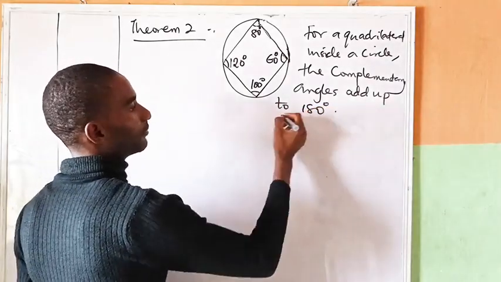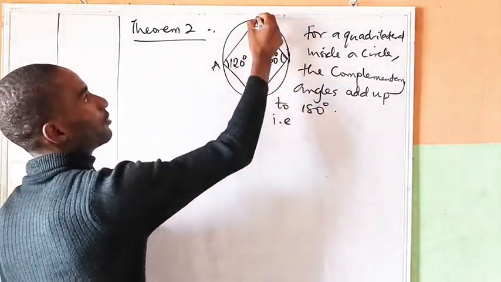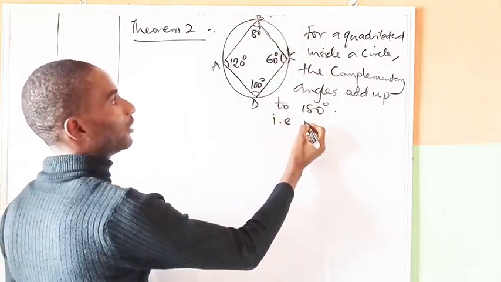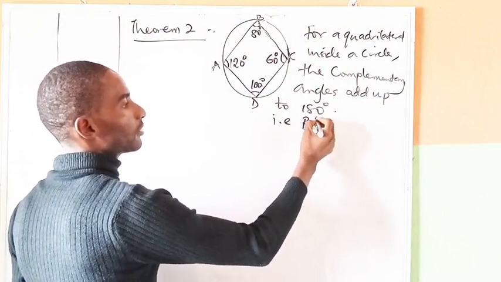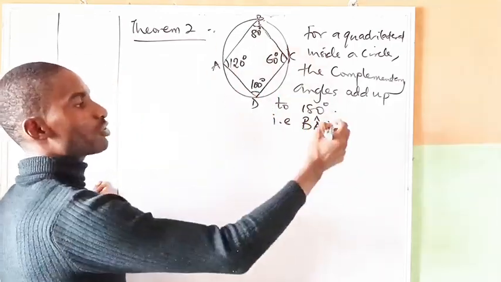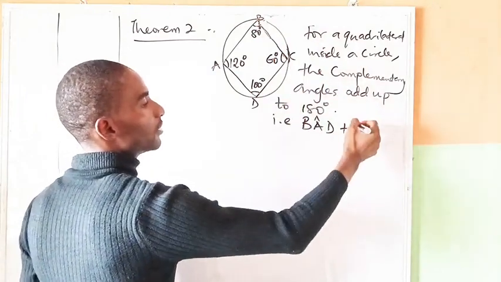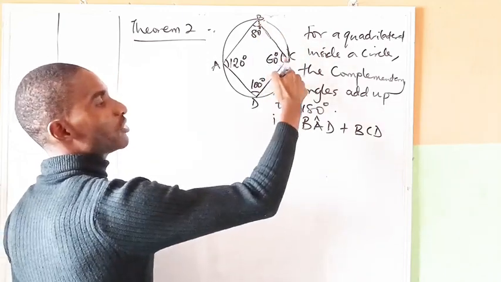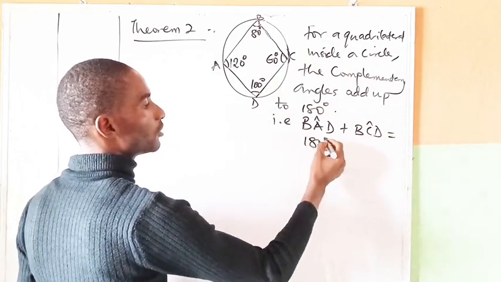So let's try to label. Let's say angle A, B, C, D. So that means angle BAD, that's 120 degrees, plus angle BCD. BCD means the angle is on C, which is 60 degrees. A is equal to 180 degrees.